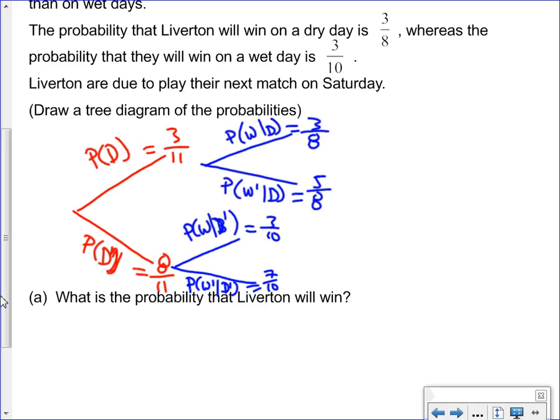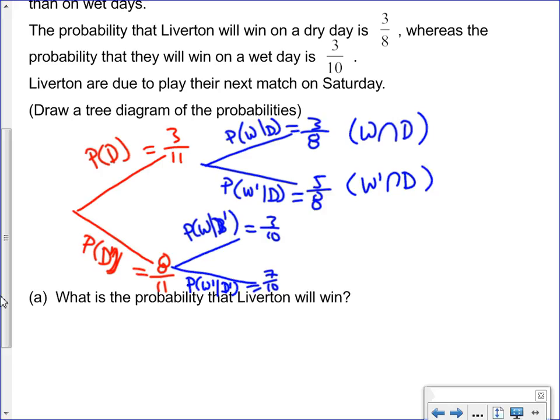Check this out. If you just follow the line, you just multiply the probabilities out. For example, for the probability of dry and then they win, it's 3 over 11 times 3 over 8, and that gives you the result for win and dry. This one would be not win and dry.